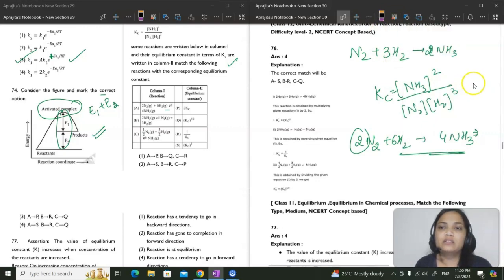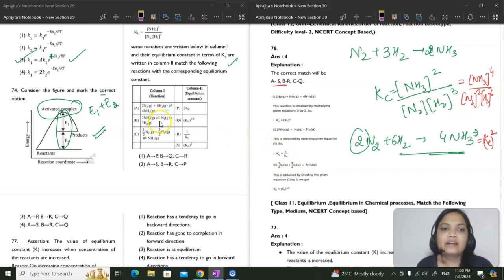So it will now become NH3 raised to the power 4 and N2 raised to the power 2 and H2 raised to the power 6. So it is multiplied by 2, which means it will become Kc square. So for A it's S.